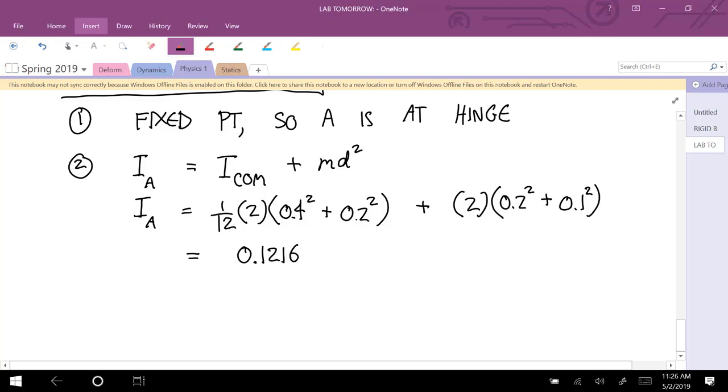Okay, thanks. And the units, we have a mass times the length squared, so this is kilogram meter squared.